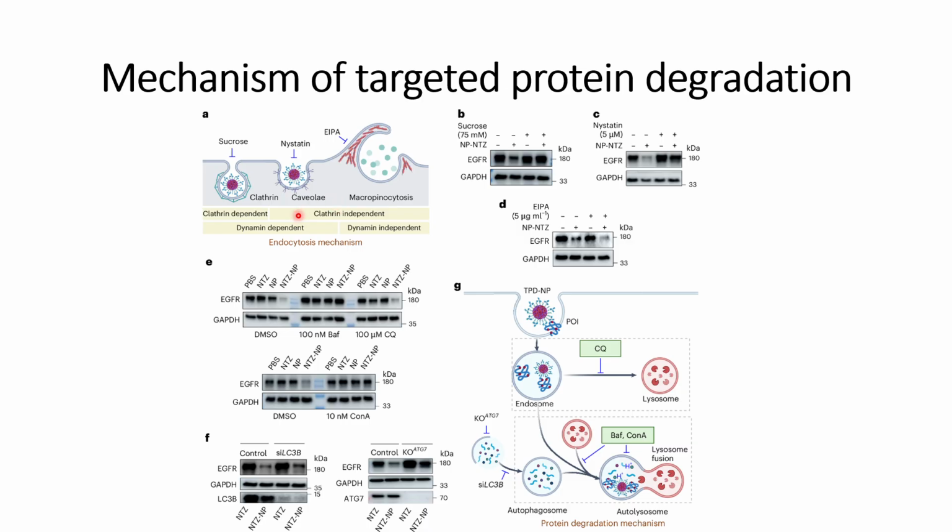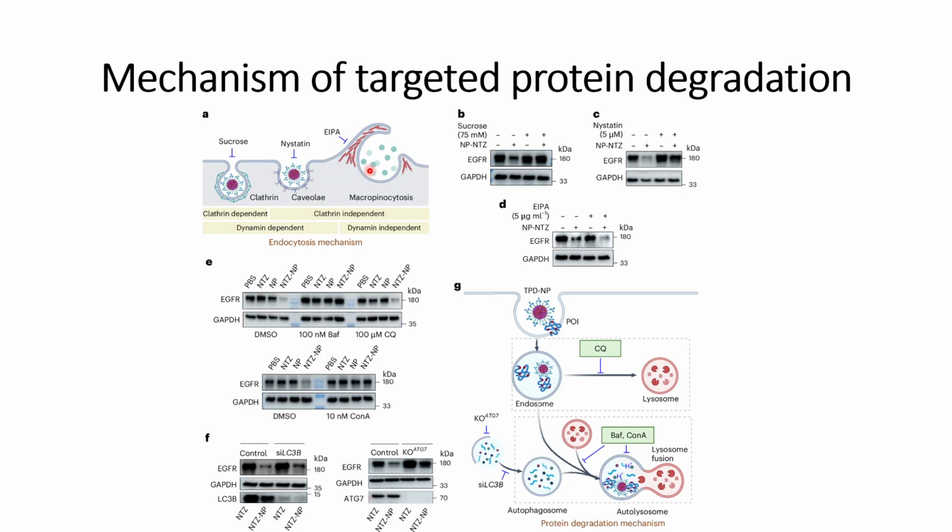The hypothesis was that the mechanism could be one of three commonly known processes by which internalization occurs within the cells: clathrin dependent internalization, and internalization through Caveolae or macropinocytosis. So what they did is individually block these three mechanisms using sucrose, nystatin, and EIPA, and then check whether this will prevent the EGFR degradation or not.